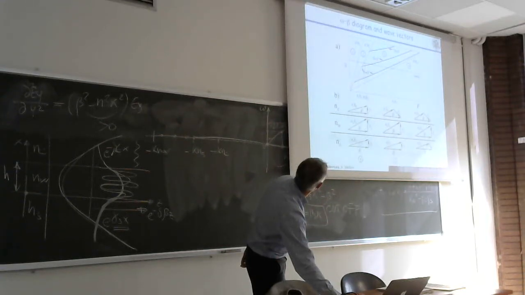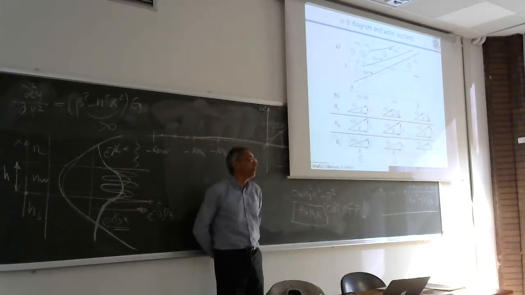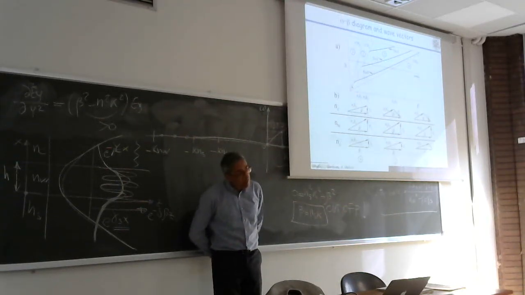If you decrease a little bit, it's no more guided. If you decrease even more, you arrive here. Here you have one mode. Here is the cutoff of the first mode. And if you decrease even more the frequency, at that point there are no more guided solutions, but only radiative solutions. You are not able to propagate any light along the waveguide.